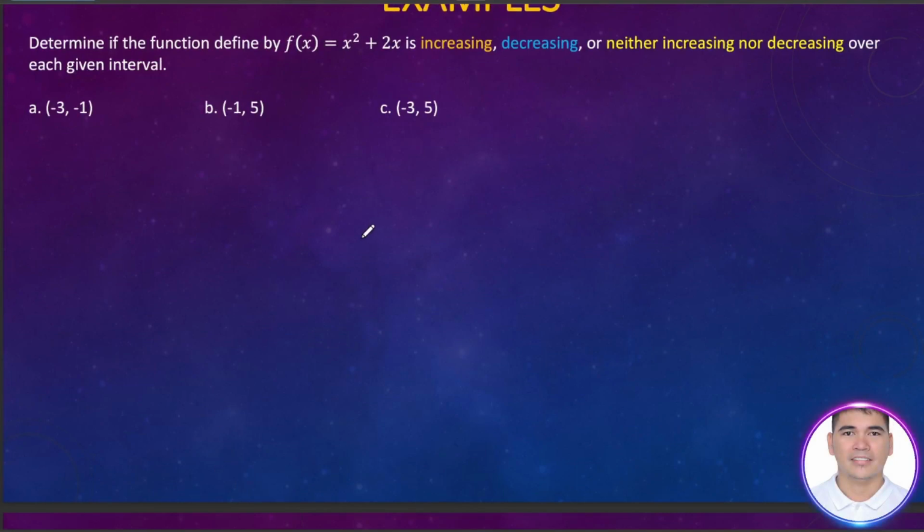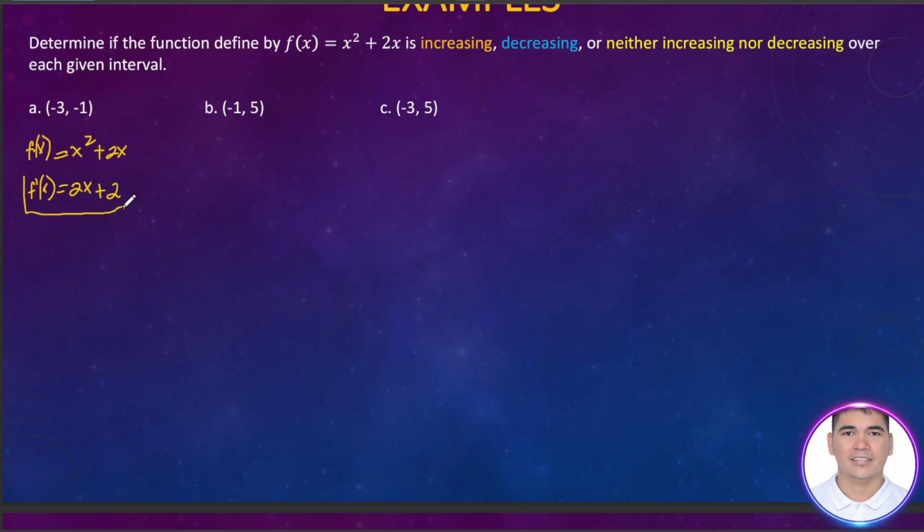So, first we need to derive the f of x. So, our f of x is equal to x squared plus 2x. So, the derivative of this one is 2x plus 2.